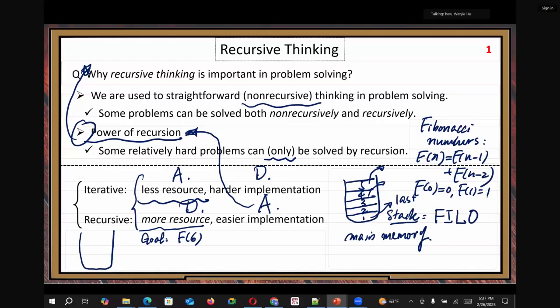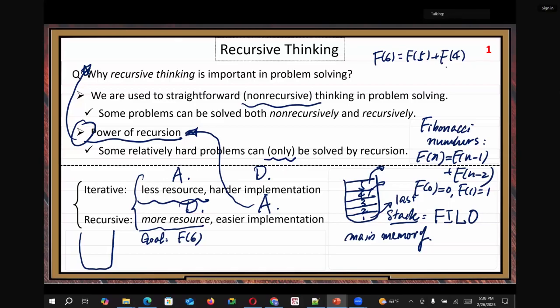All right. Now, we want to find f of 6, but f of 6 is not available. F of 6 equals f of 5 plus f of 4. But f of 5 is unknown, f of 4 also unknown, right?